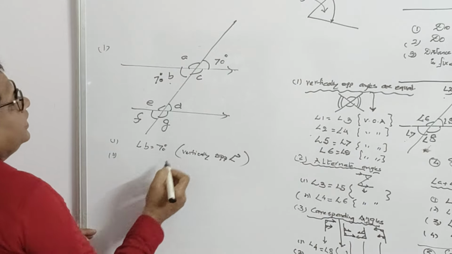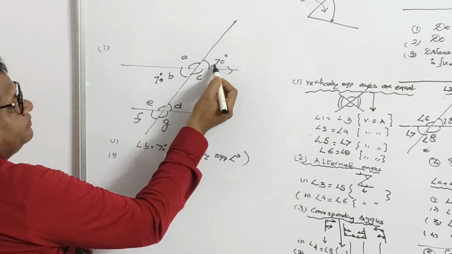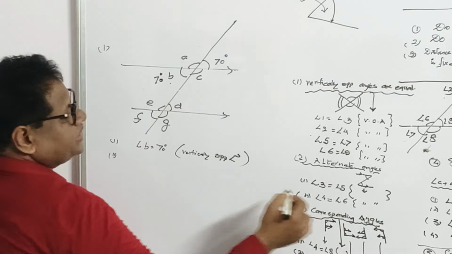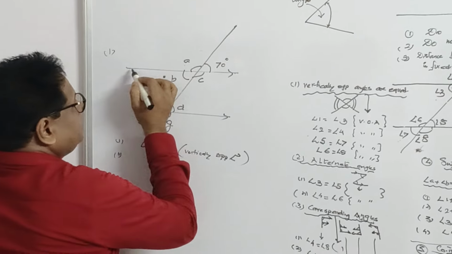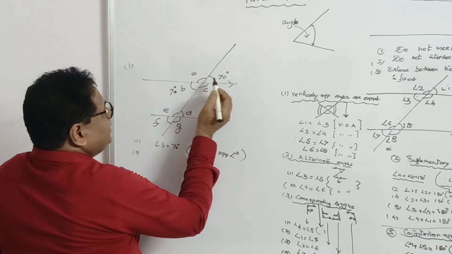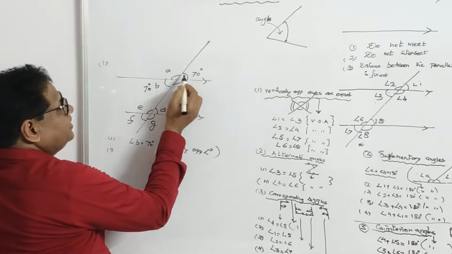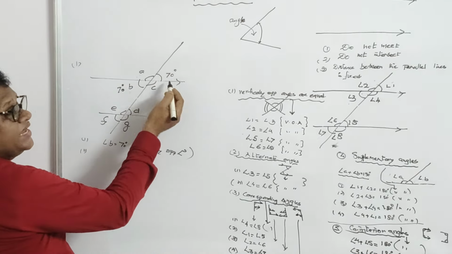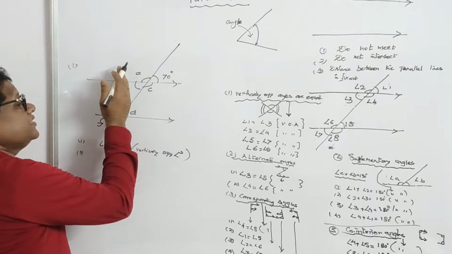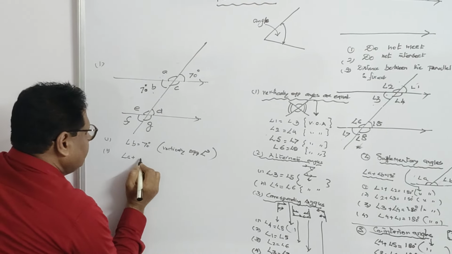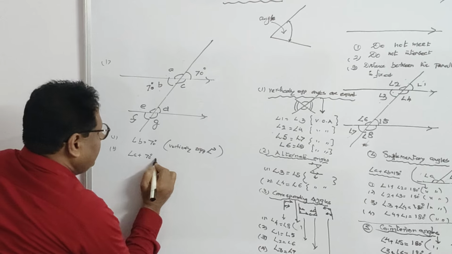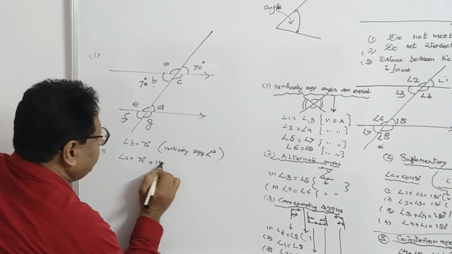Second one, you can find angle A or angle C using the concept of supplementary angles, because when a straight line meets another straight line, the supplementary angles are here. These are called adjacent angles. Adjacent means lying side by side. So we can write angle A plus 70 degrees equals 180 degrees.